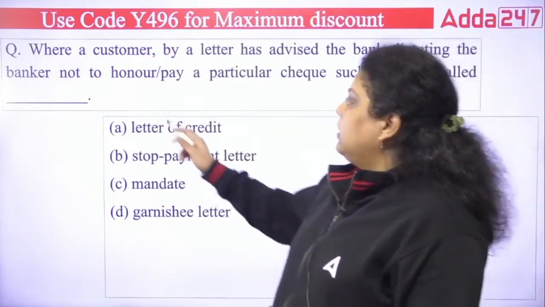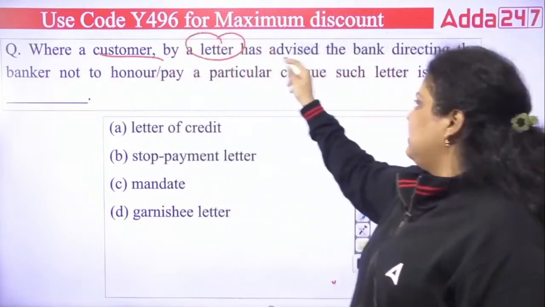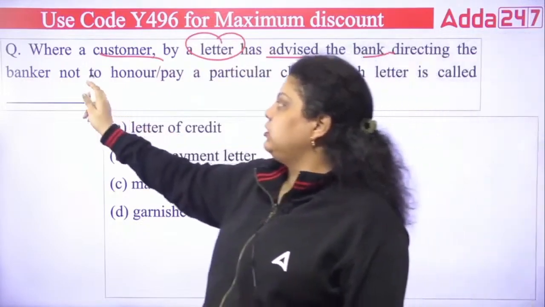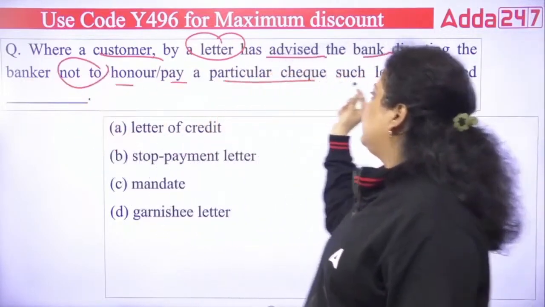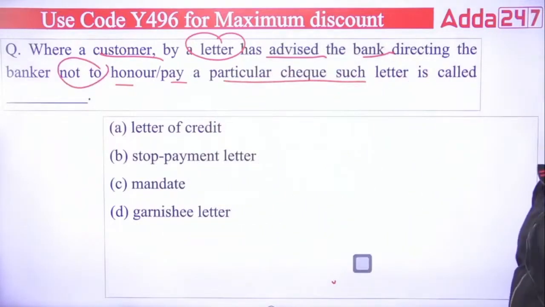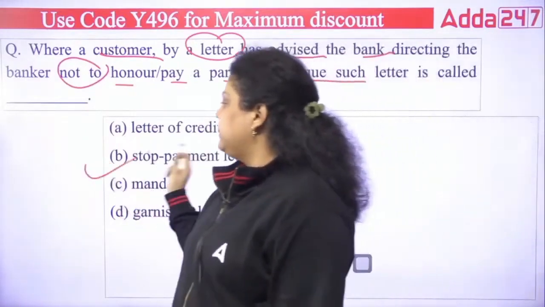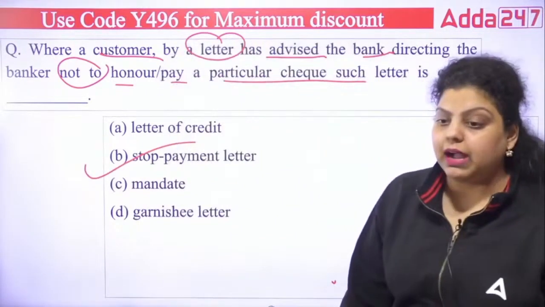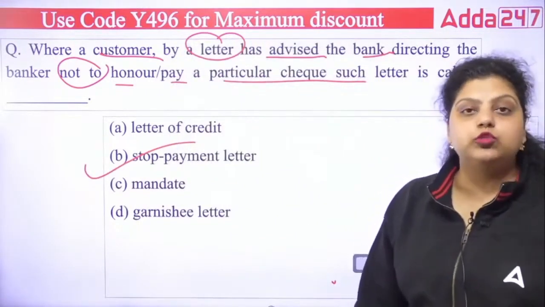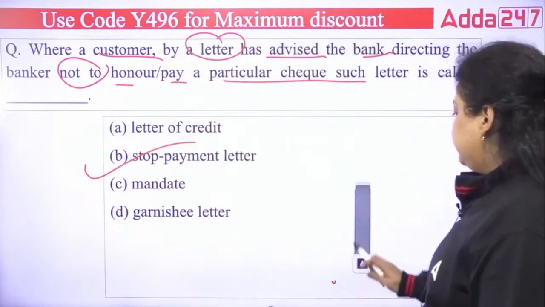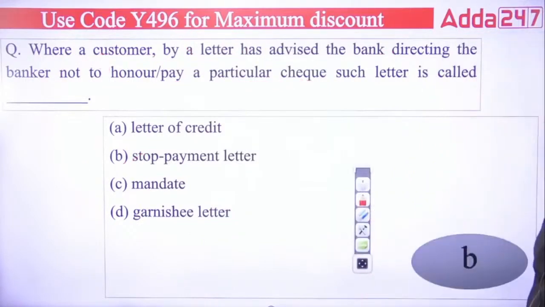So you are a customer who by a letter has advised the bank directing the banker not to honor or pay the particular check. It's very obvious, a stop payment letter that has been given by the customer to the bank not to make the payment of this particular check. So the right answer will be B.